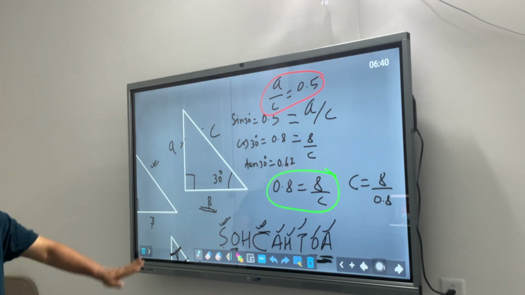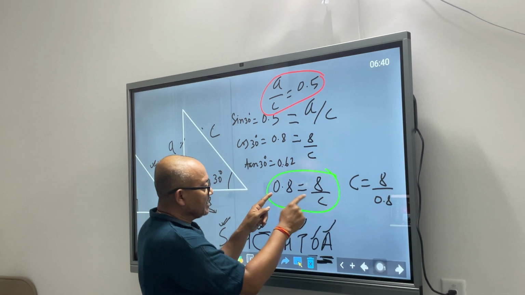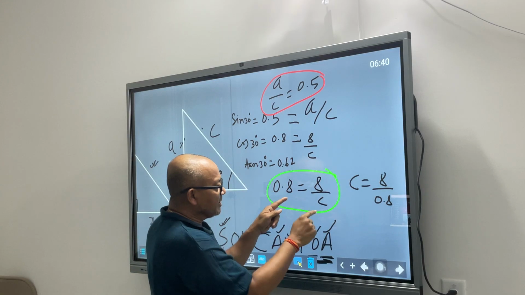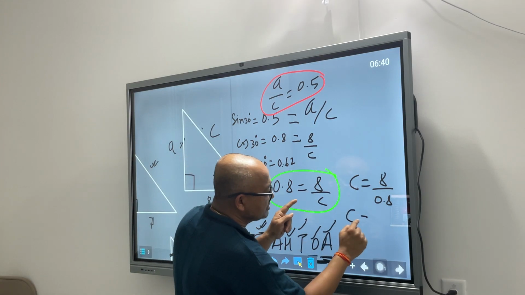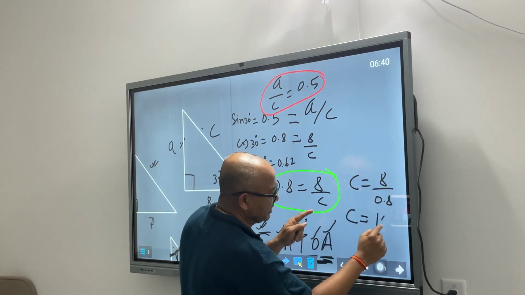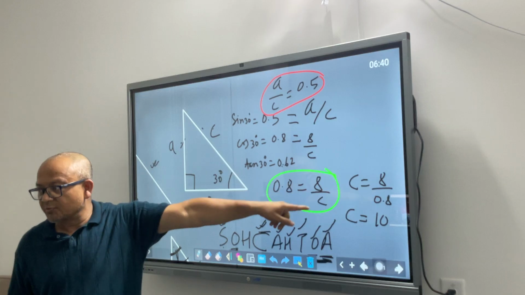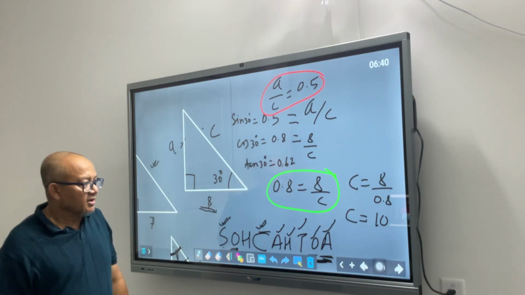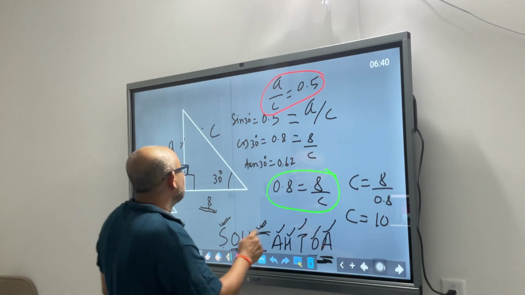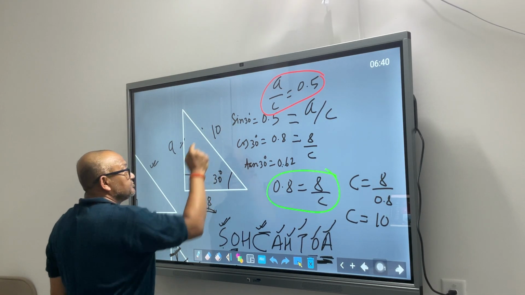Okay. So here, from this we got 0.8 equal to 8 by C. That means C equals 8 by 0.8, and this will be equal to 10. 8 over 0.8 gives the value 10, right? So we got the length of this side as 10 now.